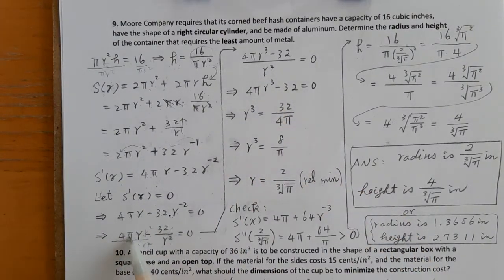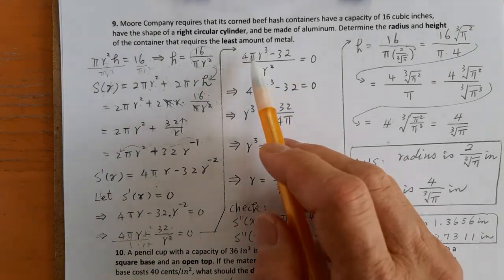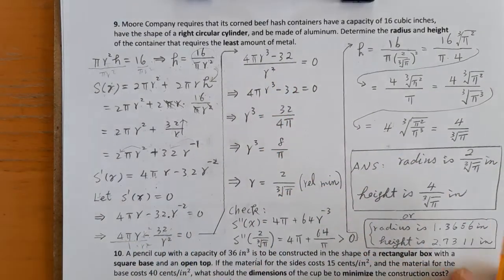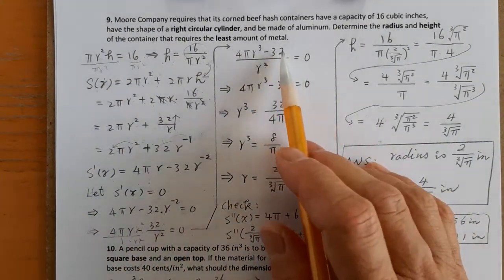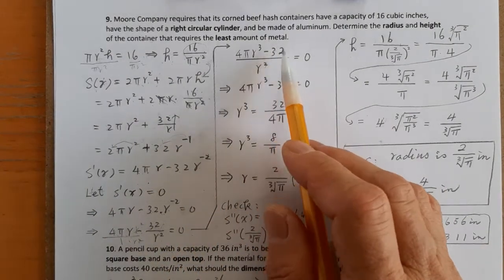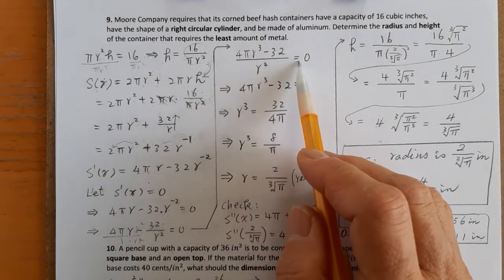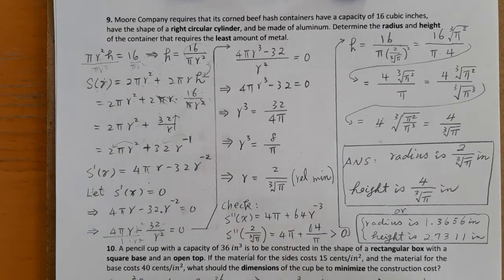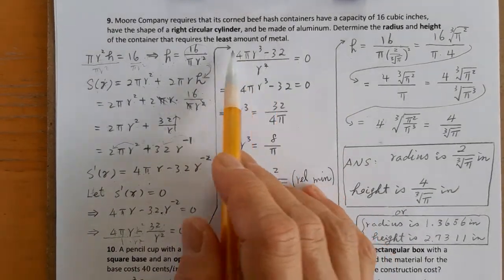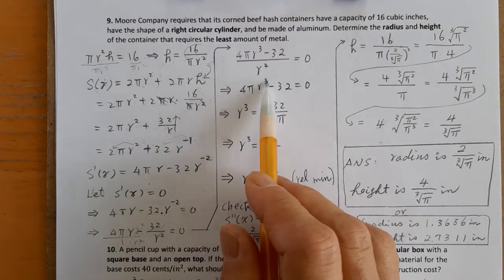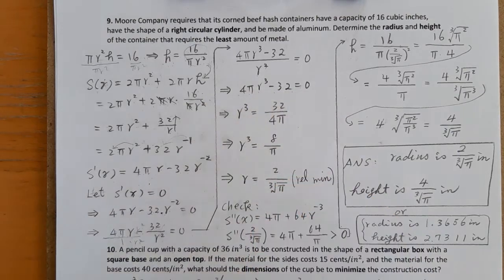Numerator is 4 pi r times r squared, 4 pi r cubed, minus 32. Denominator is r squared, equals 0. And 1 divided equals 0, so the numerator equals 0. We got 4 pi r cubed minus 32 equals 0.